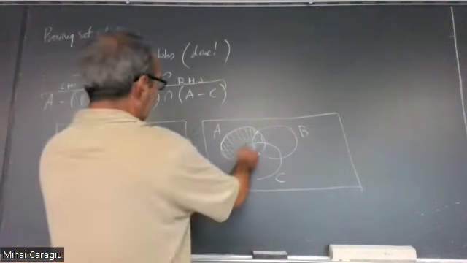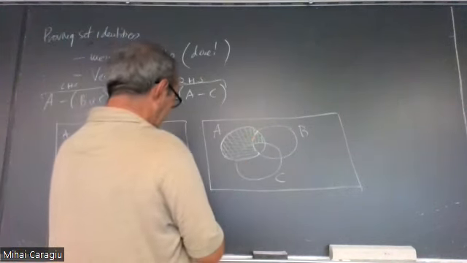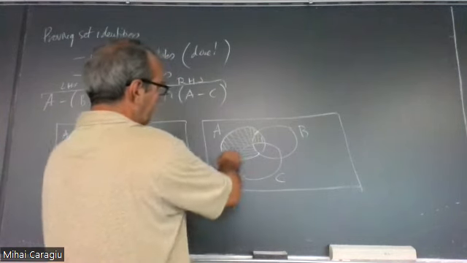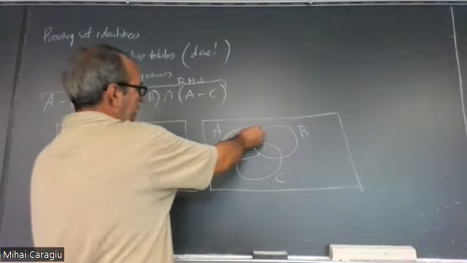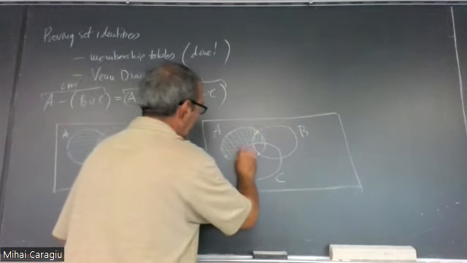So the green area with the white area, the intersection will be exactly where you see both white and green.